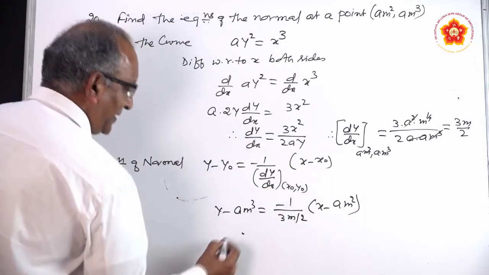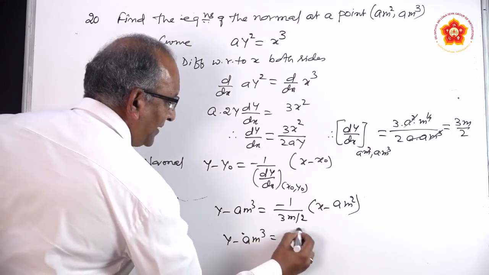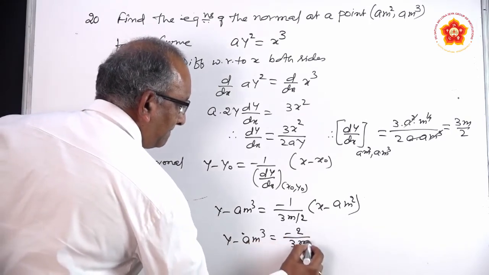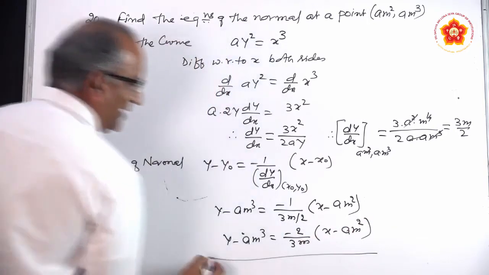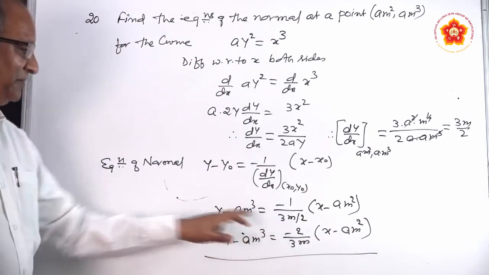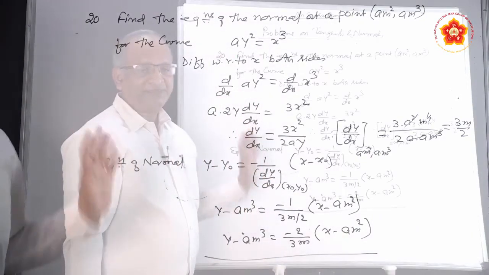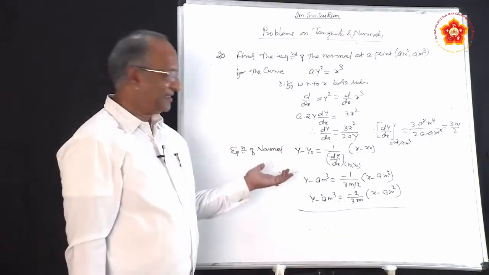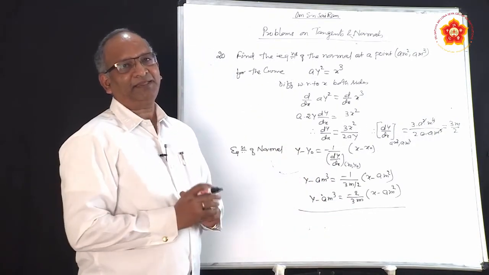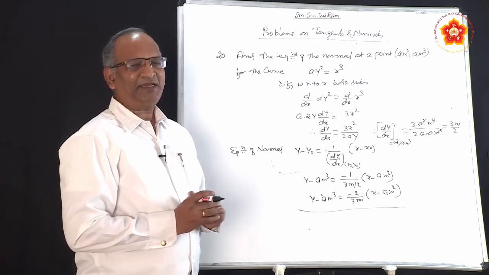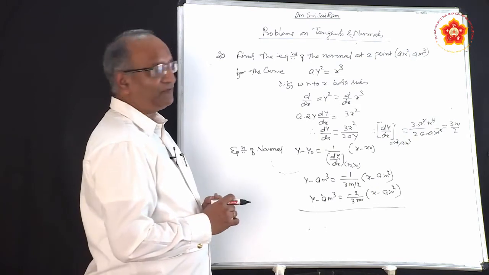It can be written as minus 2 by 3m into x minus am square. You can leave it here, or you can get 3m this side and simplify further, getting the terms together and writing the answer, and that is how the equation of normal.